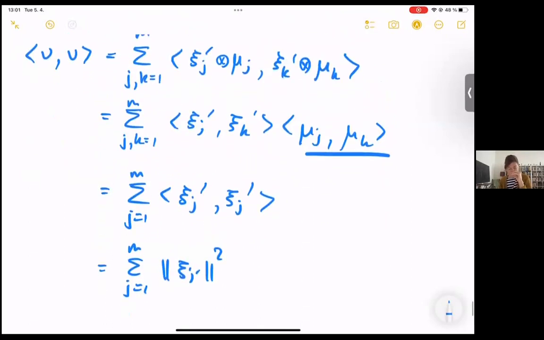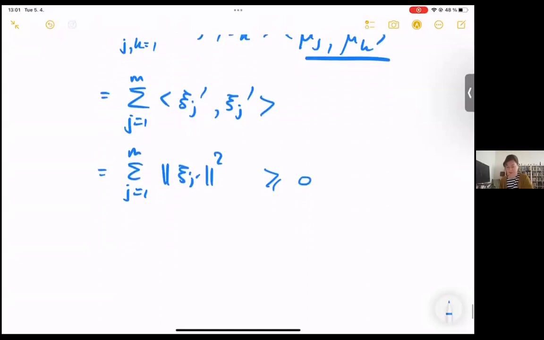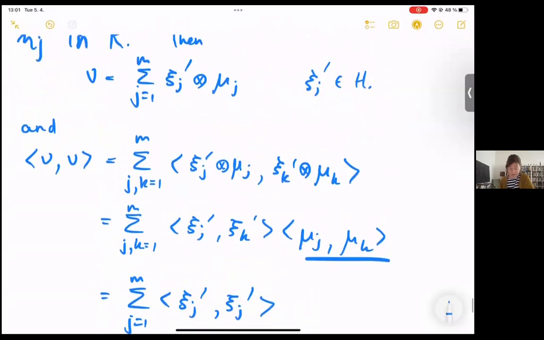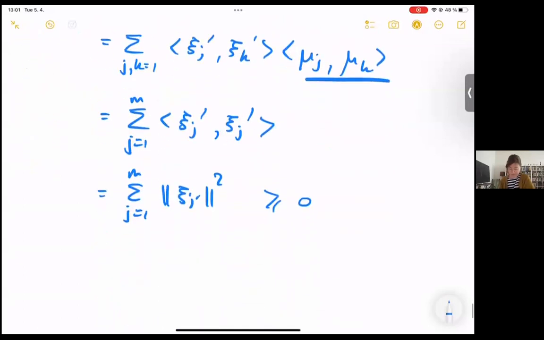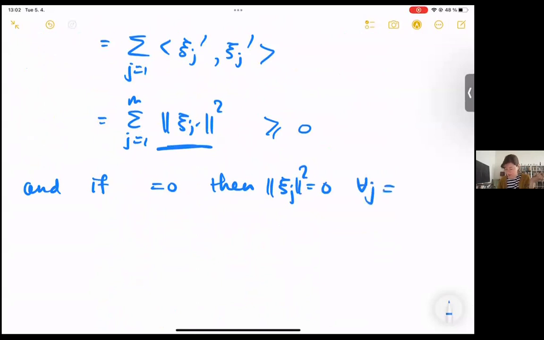Now, each of these are greater than or equal to 0. So, of course, this had better be greater than or equal to 0. And furthermore, if this happened to be equal to 0, then this is the sum of positive guys. So we need that each of these psi j's is equal to 0.